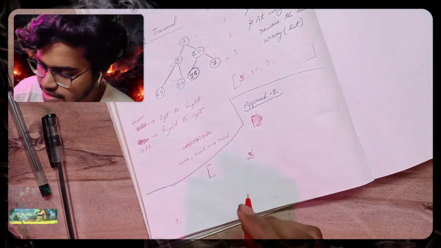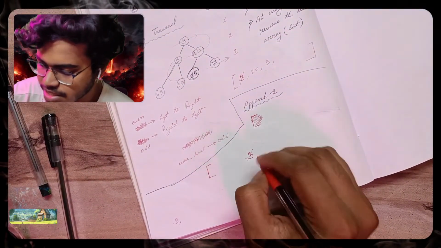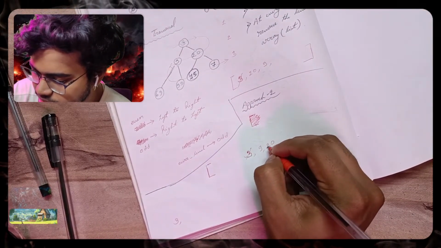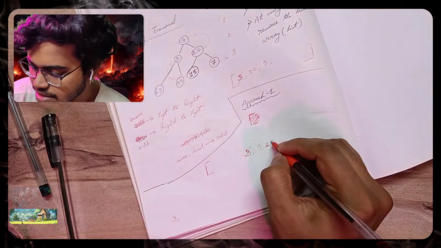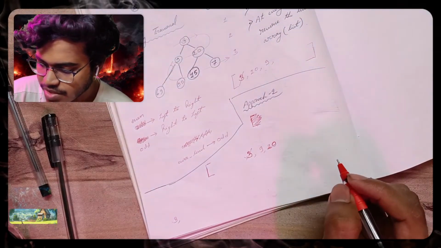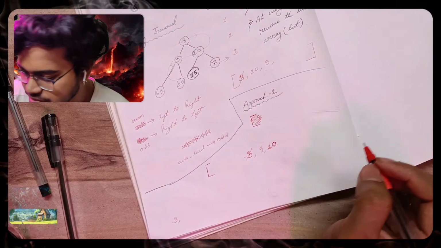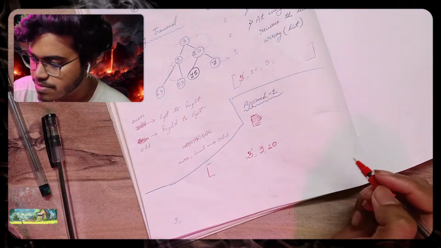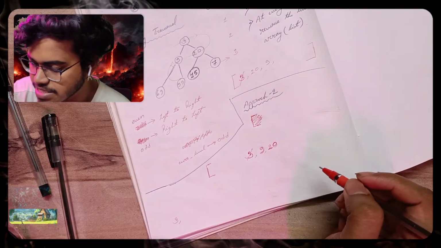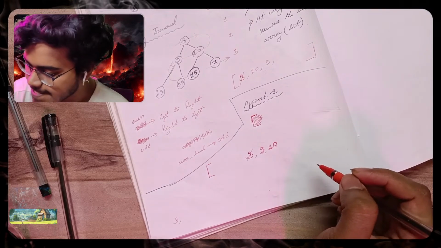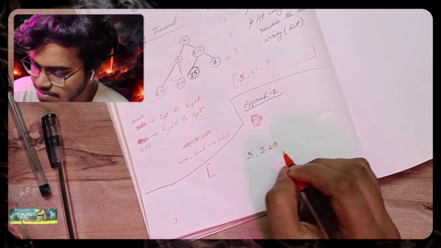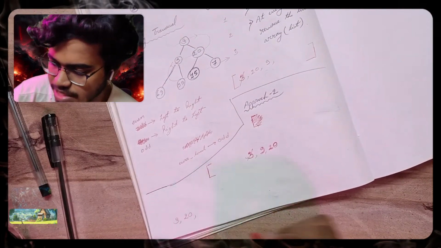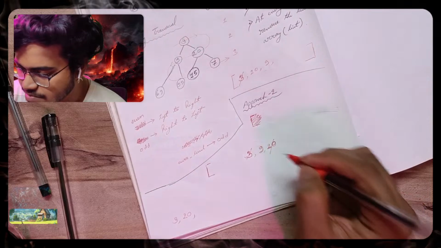Then we are pushing in 9 and 20 for that. Okay, this is the end of level 1. Now what we need to do? Now we need to go from right towards left. So for now we have to print 20 from right towards left, and we have to pop the element.